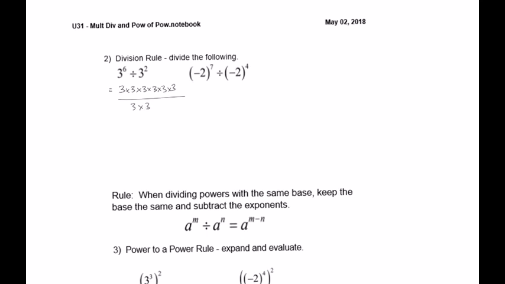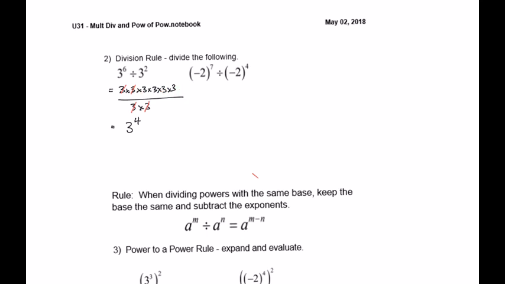And you'll notice that we can cancel out 3's from the top and the bottom. That only leaves us with 3 to the exponent 4, because there are exactly 4 3's left.